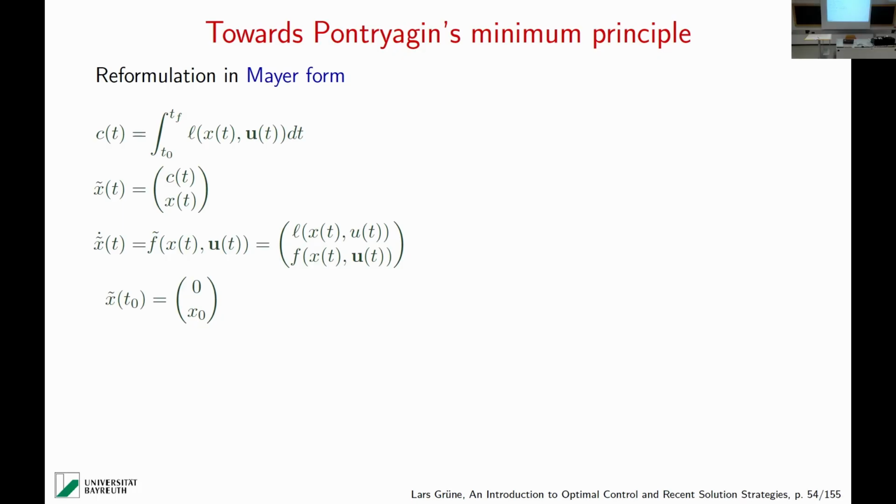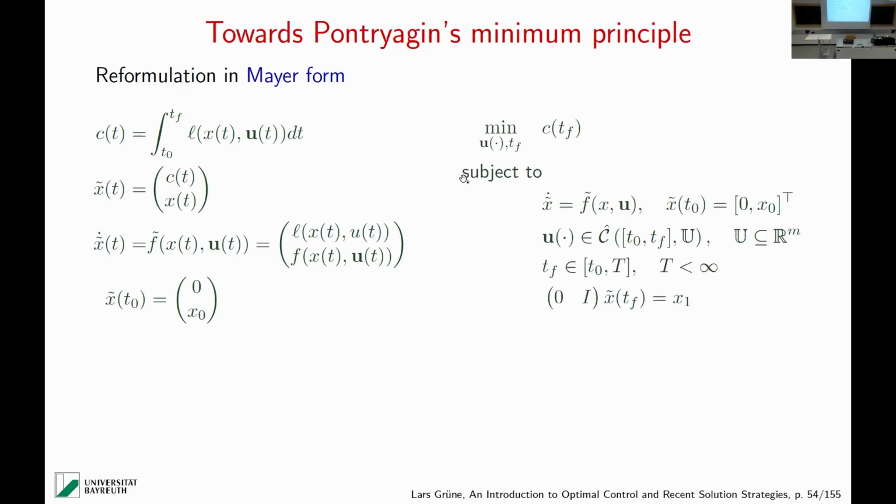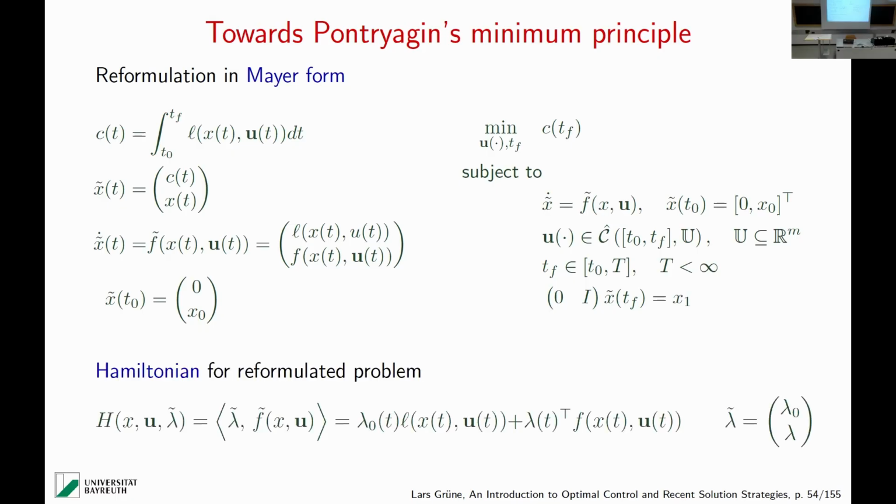Then we get a new differential equation where we have this L as the first component, and the initial condition would be 0 for the first component and just x naught for the rest. And then we rewrite everything in this Meyer form. We minimize now C of TF, and the conditions that we want to satisfy are now the conditions of this extended state, with this extended dynamics.